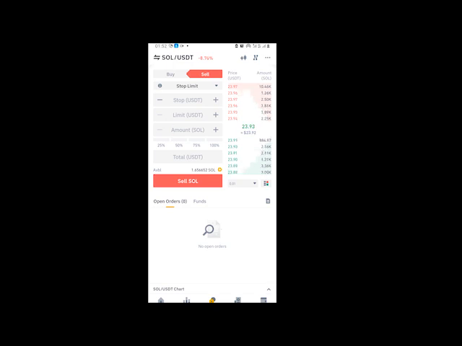So I can also use it to set my stop loss. Now the difference is this: you know the other time I said you can use limit order to set the price you want to sell, but if you are using limit order, take for instance, now I want to sell and I decided to put 23.5, I want to sell at 23.5. Now you can see that it's lesser than the current market price.